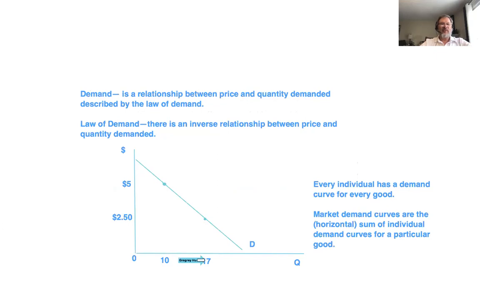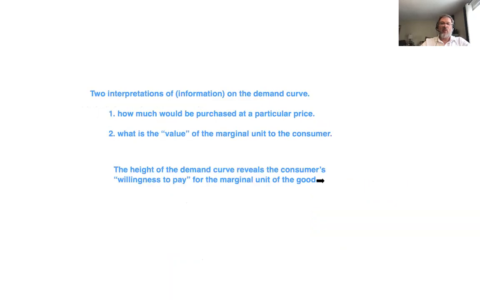It also reveals to us for any particular unit of the good, by looking at the height of the demand curve, the willingness to pay of the consumer for that unit. Because again, our analysis says that if the price is raised a little bit, they won't purchase that unit anymore, so that must be their value. That's how we would interpret their value for the good. Now, I want to say a little bit more about willingness to pay.